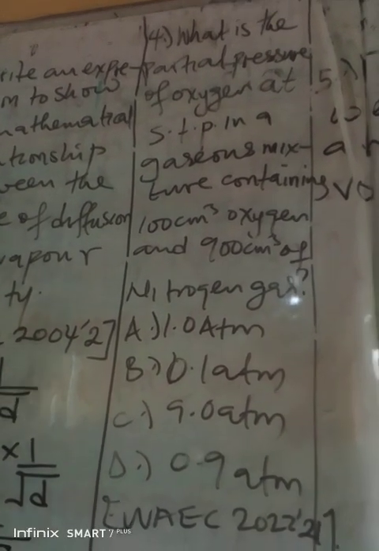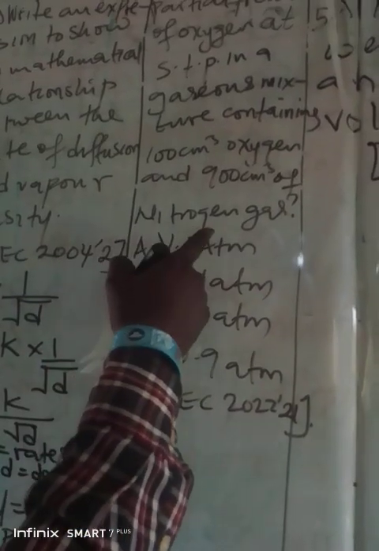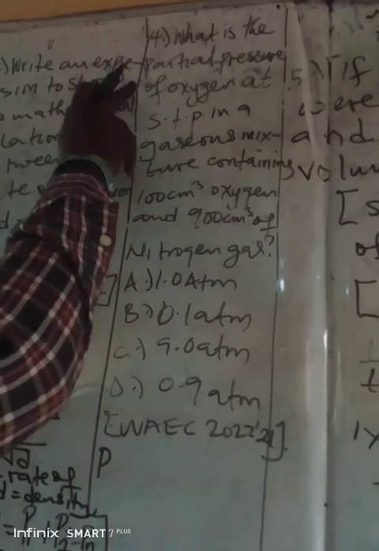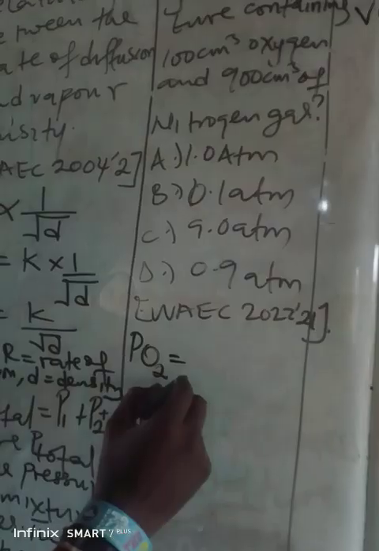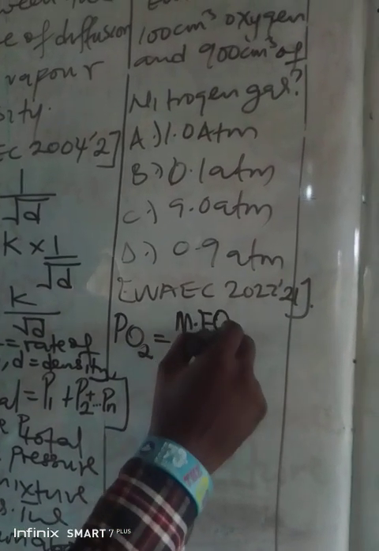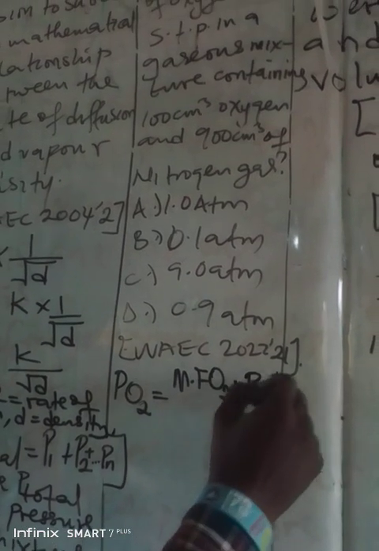So we are looking for the partial pressure of what? That's PO2 now. PO2 is equal to the mole fraction of O2 times P total.